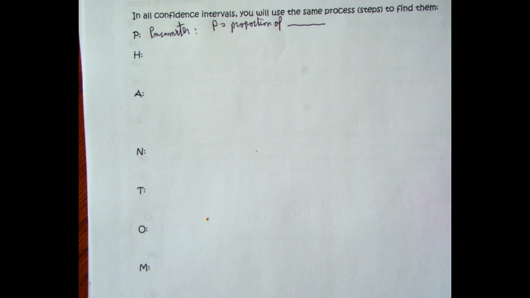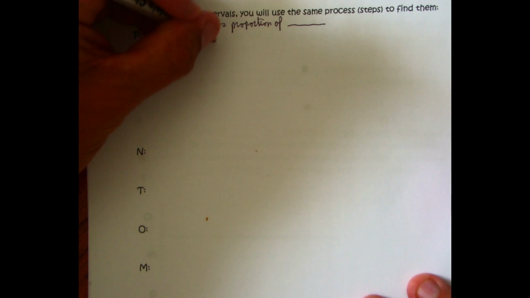What P stands for is our parameter. We must identify what our parameter is. For now we're going to deal with p. So p is the proportion of whatever: the proportion of people who smoke, the proportion of people who use alcohol, whatever that is. Another parameter that we'll be using is mu.